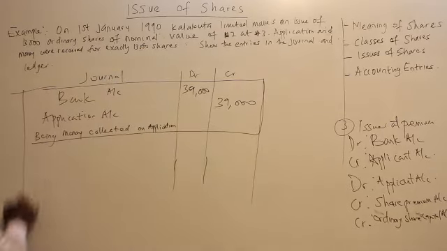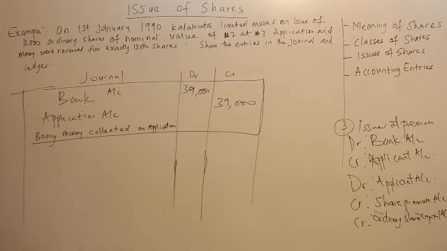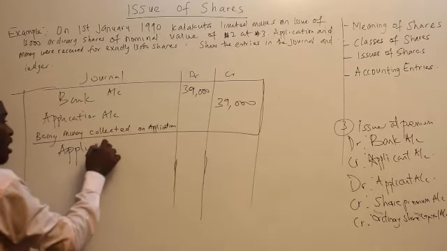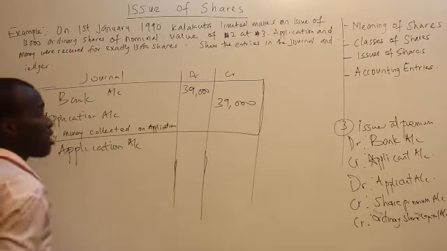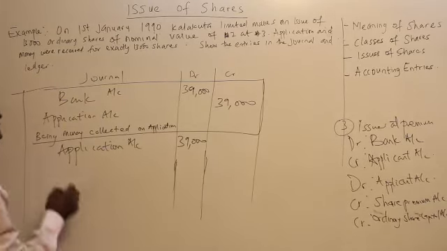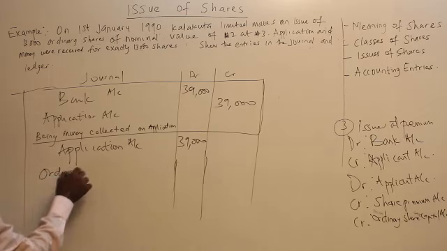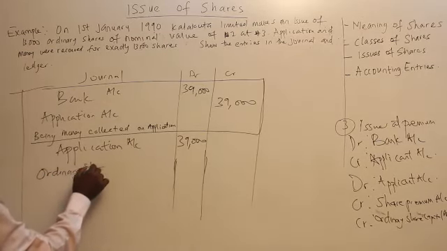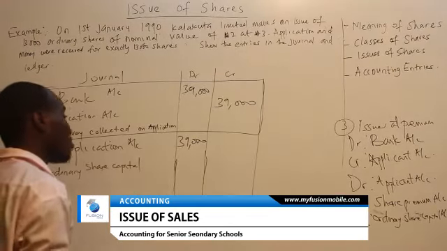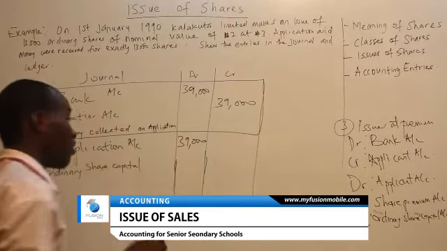Now the next thing is when the shares are allocated to the shareholders, we are going to debit application account with 39,000 naira. Now I'm going to credit the ordinary share capital account. And do not forget, the ordinary share capital account should always be valued at the nominal value, that is the real value of the ordinary share.